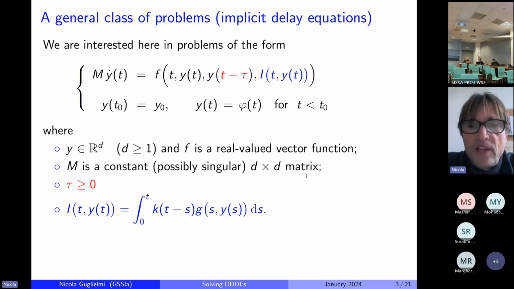Tau here is a fixed positive delay, which might also be a function of time or of y, which would make the delay state dependent and much more difficult numerically to integrate. But in any case, tau is a specific positive number, or non-negative number in general.